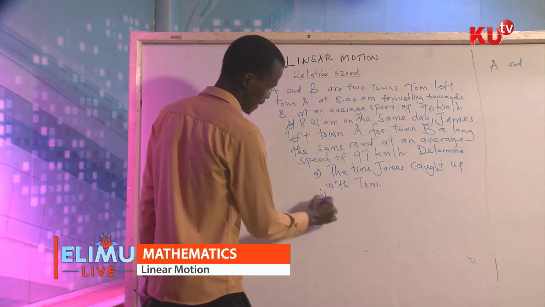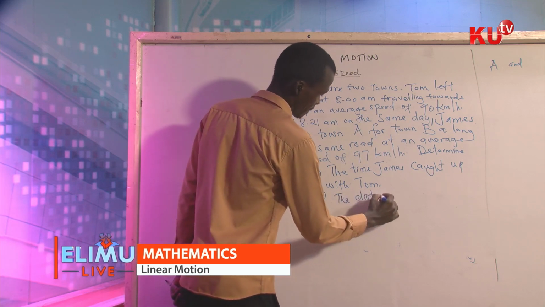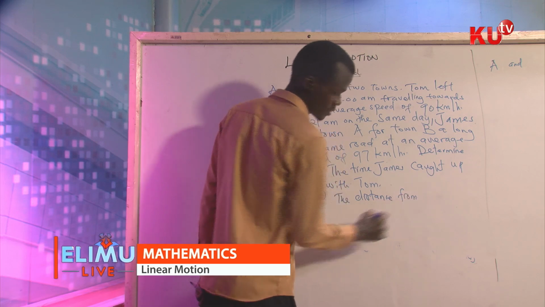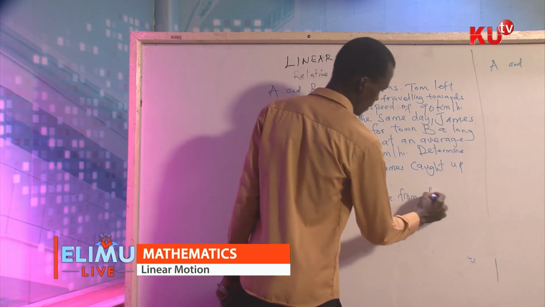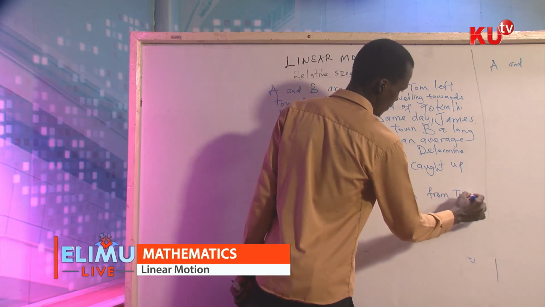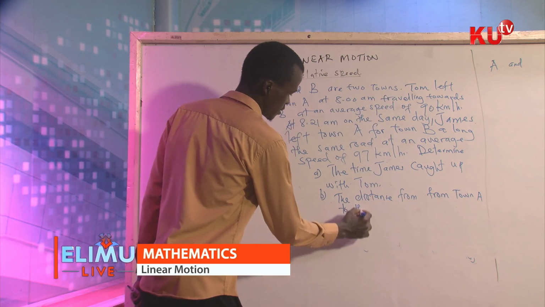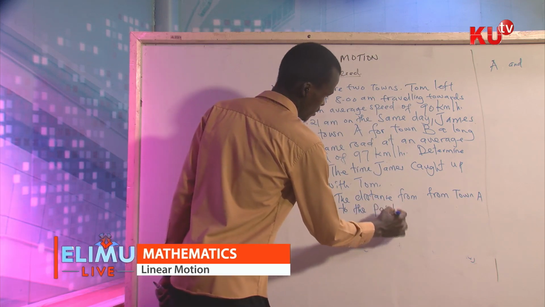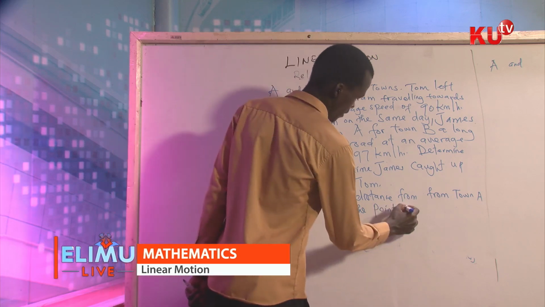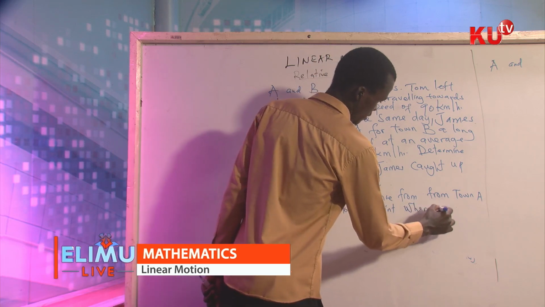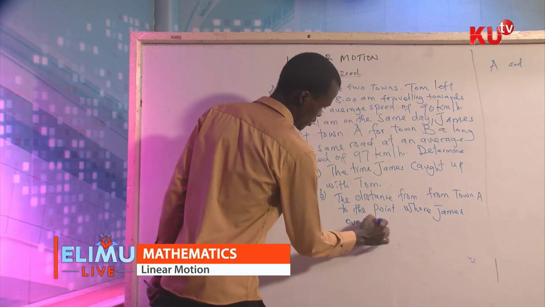Part B, the distance from town A to the point where James overtook Tom.